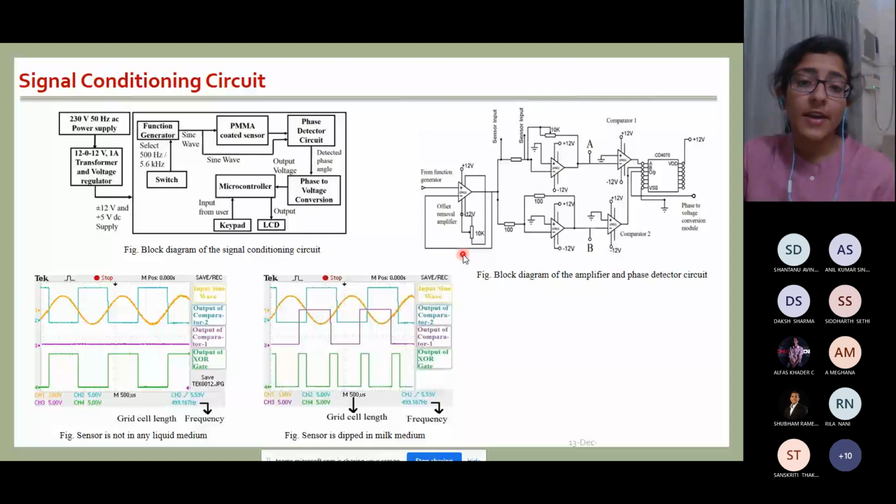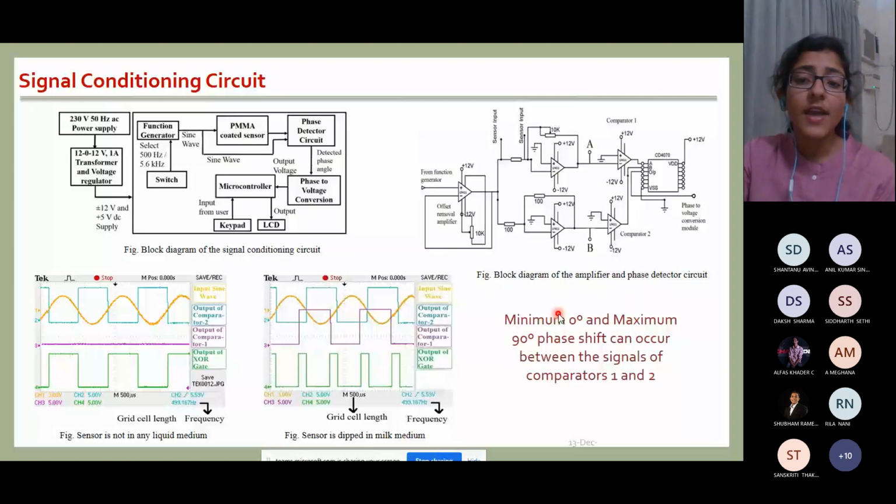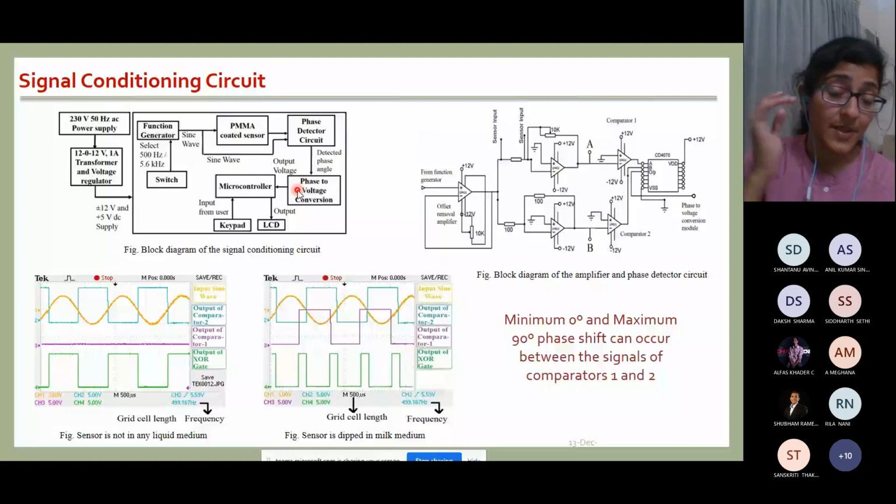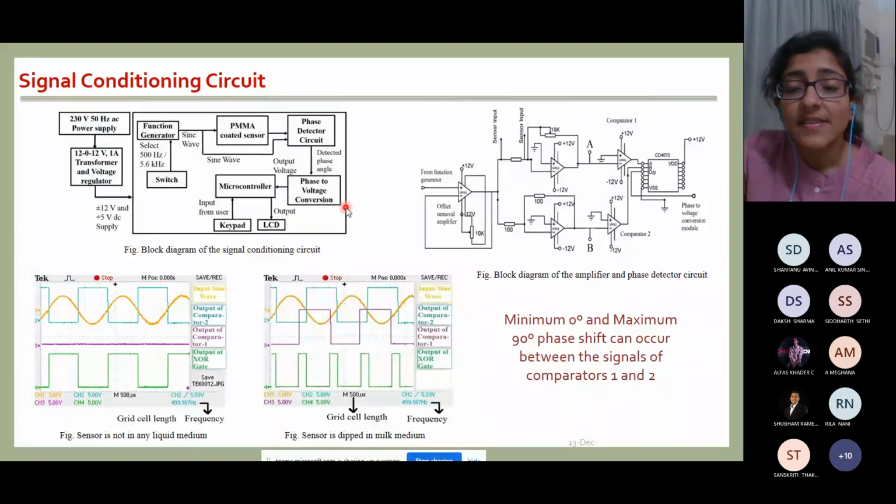For that, we have seen that a maximum 90-degree phase shift can occur. This 90-degree phase shift we convert to 5 volt with the help of an RC filter circuit.